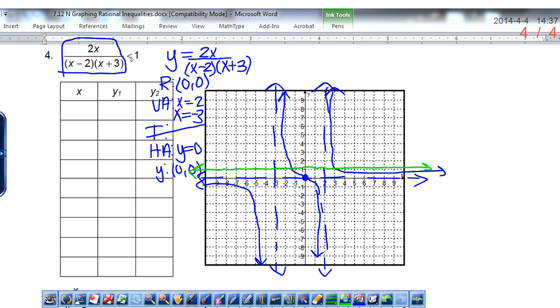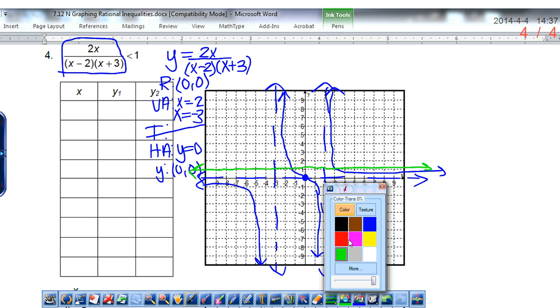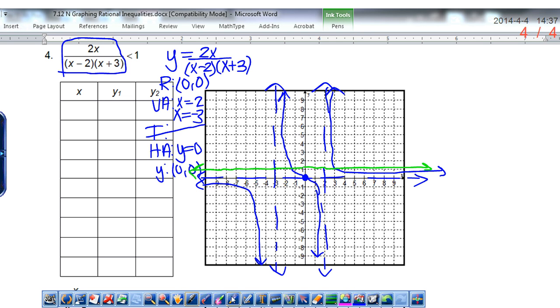Okay, I want to know where the curve is below the line. So either highlight, circle, do something. Find everywhere the curve is below the line. So would you agree that that would be this piece, and then this piece?